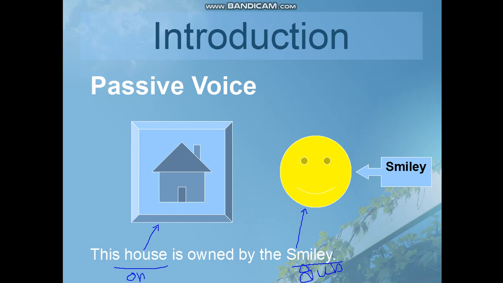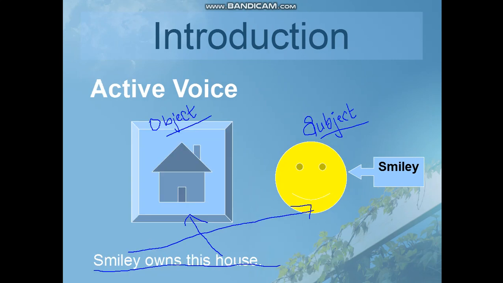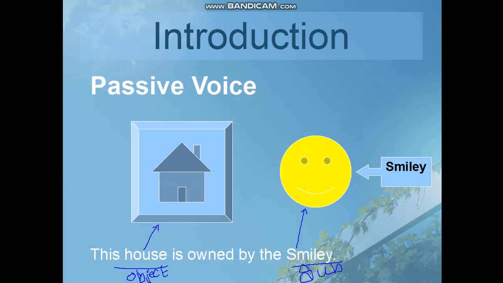It does not change. In the previous slide, the subject was first and the object was ending, so the subject is given more preference, more importance. Here the house is given more preference.